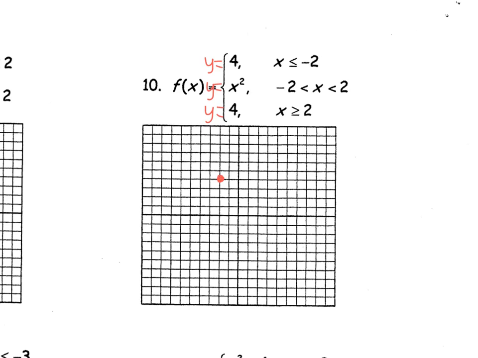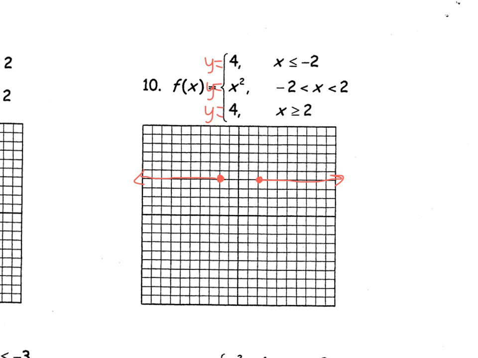Y equals 4 is a horizontal line, so since it's less than or equal to negative 2, we're going to go to the left. Okay, and then I'm going to skip down and do the last one. I'll save the parabola for last. So y equals 4. When x is greater than or equal to 2, that'll be another closed dot at positive 2, 4. And that's a horizontal line going to the right.